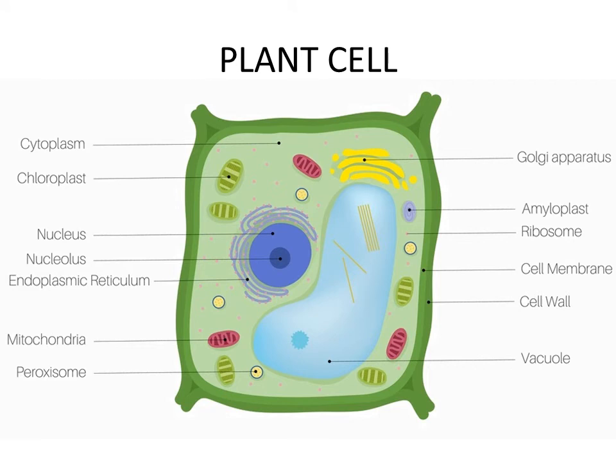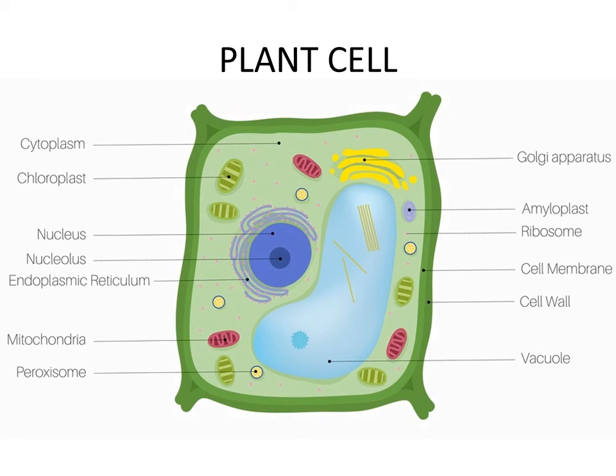In a plant cell, the cell membrane is enveloped by a cell wall. A major part of the plant cell is occupied by a large vacuole, and there is no central body and there are no centrioles in a plant cell. As in an animal cell, plant cells also possess mitochondria, which carry out respiration with the release of energy.